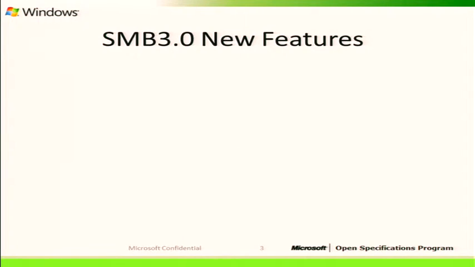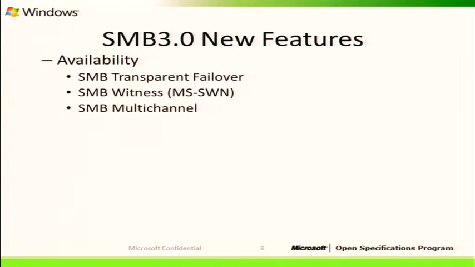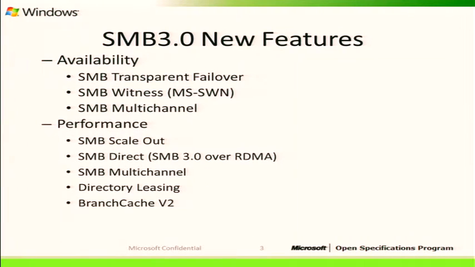First, let's take a quick look at the SMB3 dialects' new features. In SMB3 dialects, we have several new features and enhancements, such as the transparent failover and the witness service to support high availability, as well as some performance improvements, such as SMB Direct, which could run SMB3 dialects over RDMA.